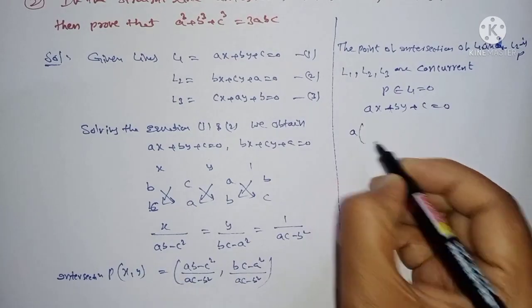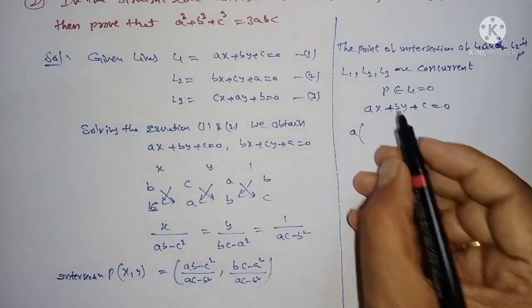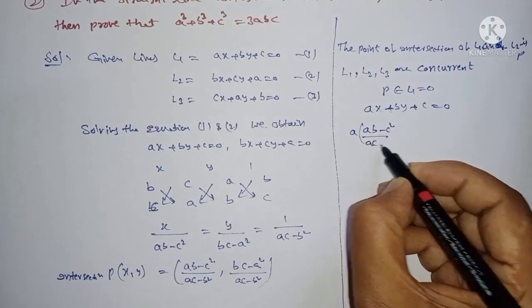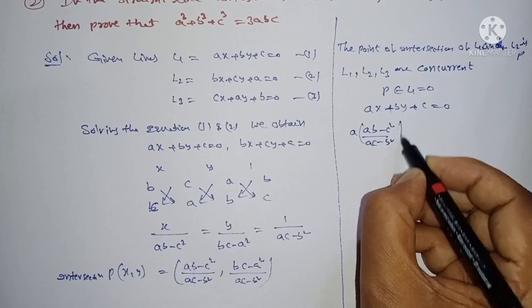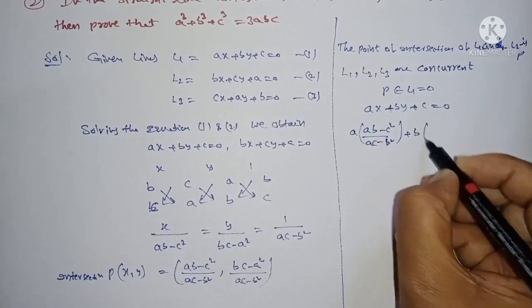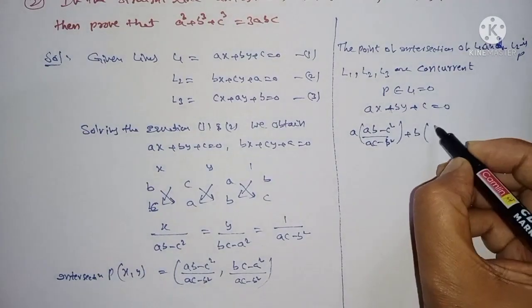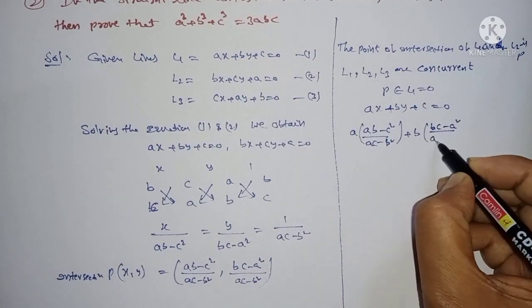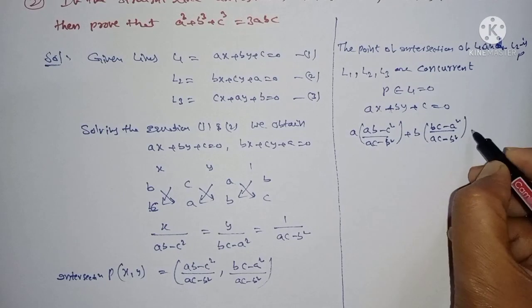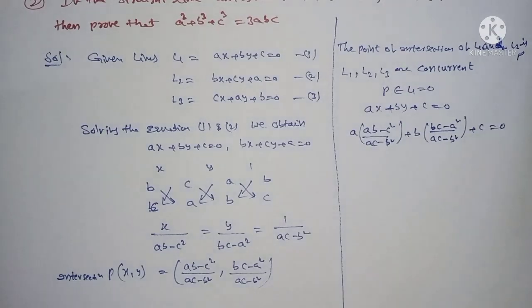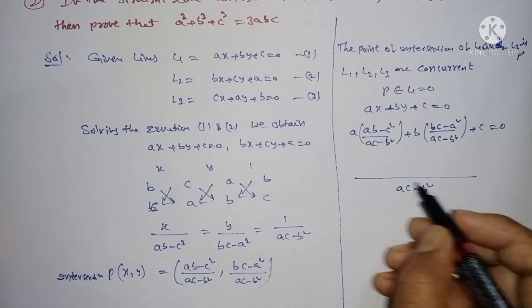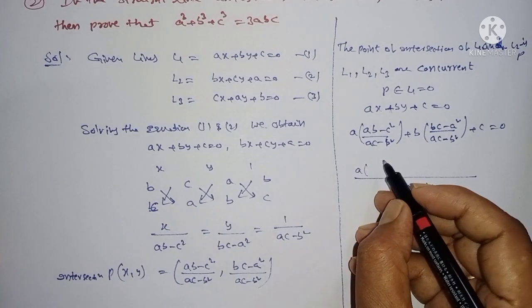A of x, ab minus c square by ac minus b square, plus b of y, which is bc minus a square by ac minus b square, plus c is equal to 0. Therefore I can take the LCM ac minus b square as it is.